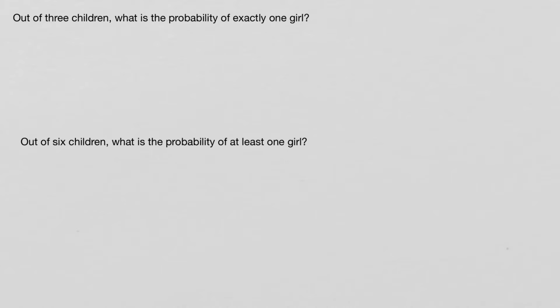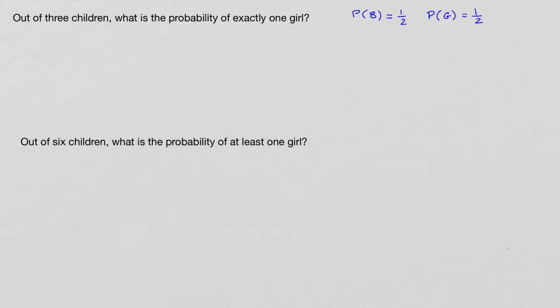In these two questions, we're asked about finding the probability of getting exactly one girl or at least one girl out of a set of however many children. So for simplicity, we're going to assume that the probability of getting a boy is 1/2 with each birth, and the probability of getting a girl is 1/2.